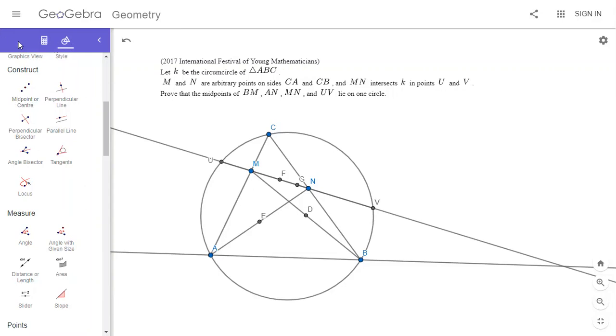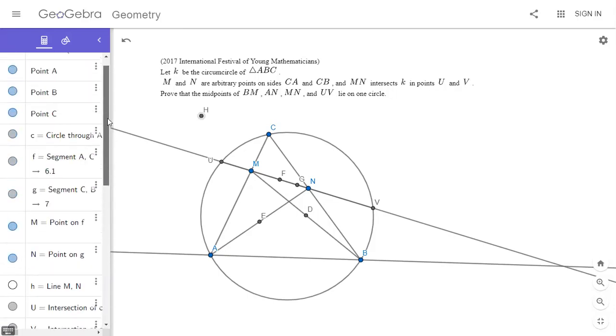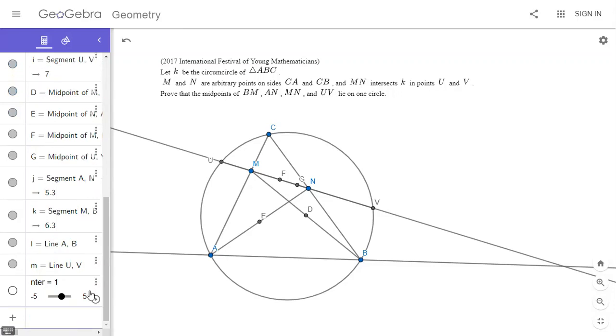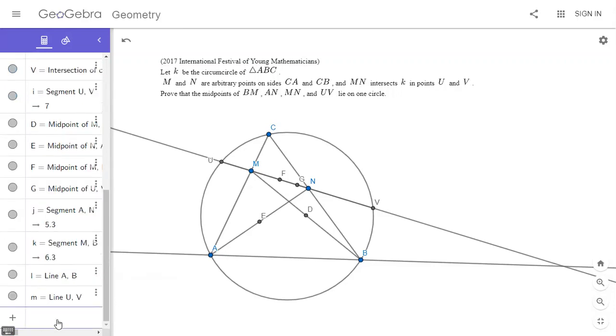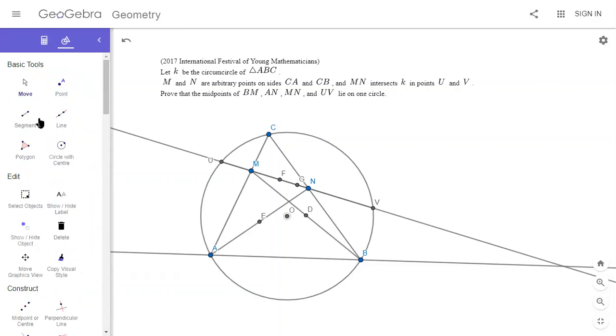Let me draw the center of ABC. Yeah, I'm trying to remember that other problem on my channel. But I know I had another problem where I have both of those midpoints like this.